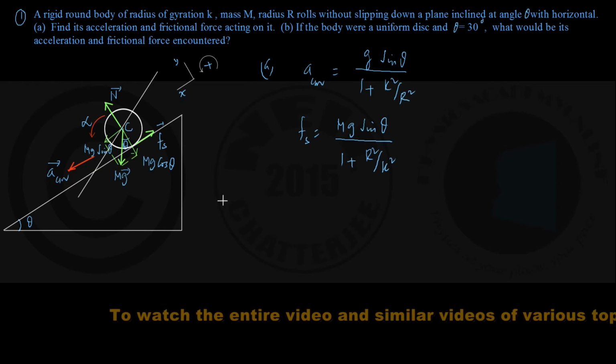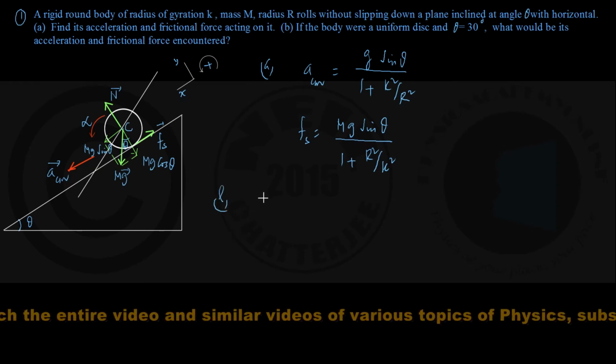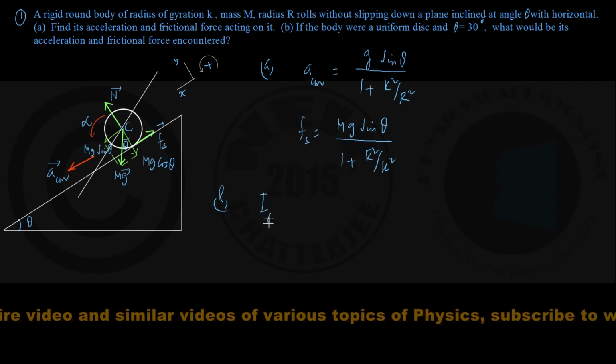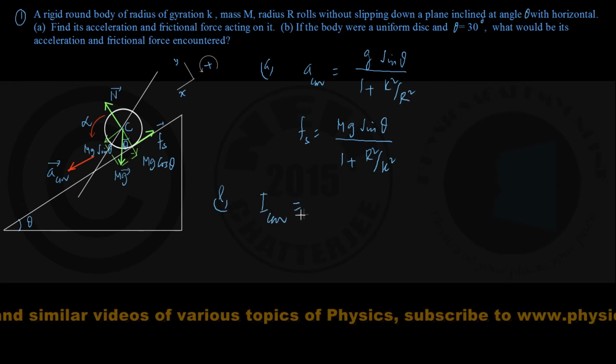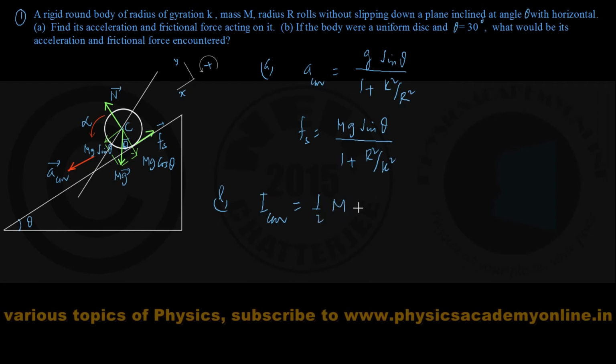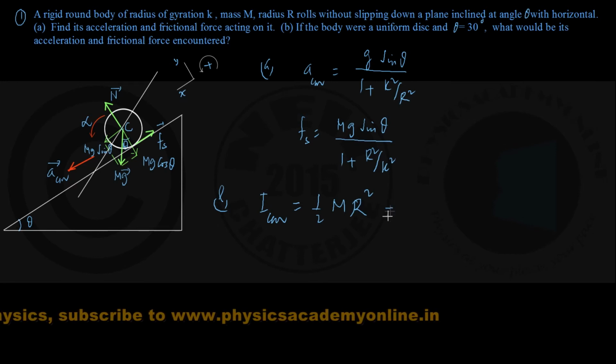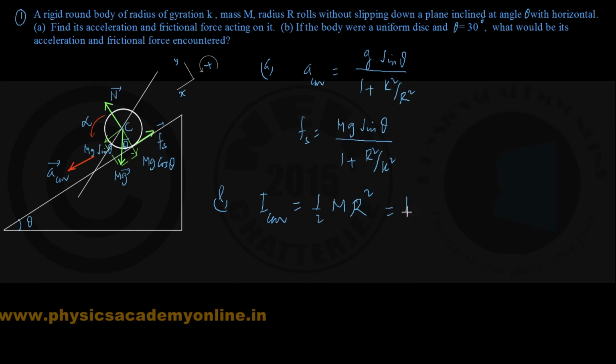Now, in the special case of a uniform disk, the moment of inertia about an axis through the center of mass, ICM, is given by half into mass of the body into square of its radius. But we also know moment of inertia can be expressed as the product of the mass and the square of radius of gyration taken about the same axis through the center of mass.